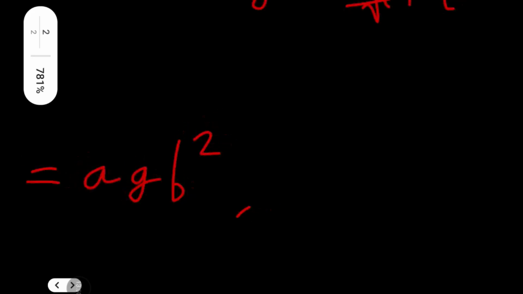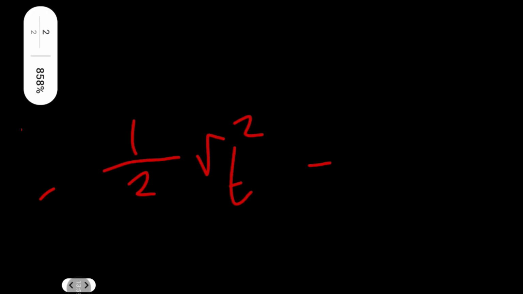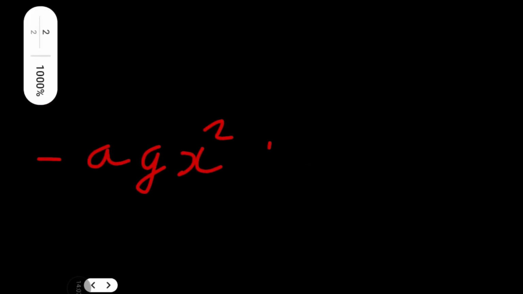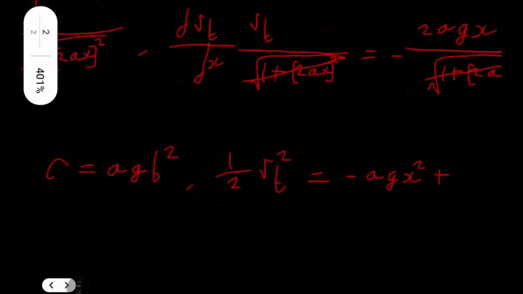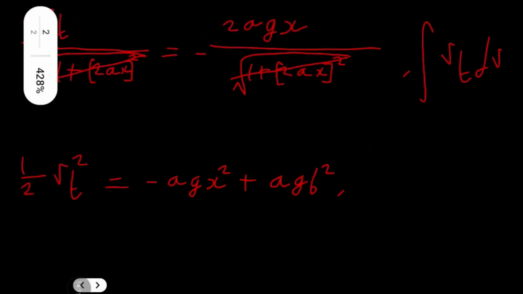And then back into our full equation, we can get into the final format, which is going to be a half v of a tangent squared is equal to minus agx squared plus c, and c was agb squared, remember. And you can just rearrange it, times it all by 2 and square root, and you can get a final solution for the tangent velocity in terms of x, which I think is quite useful.